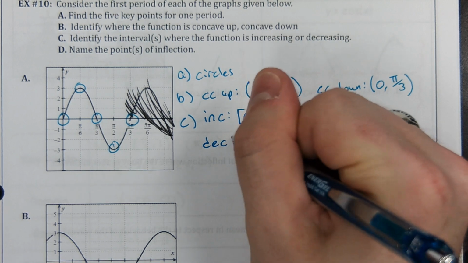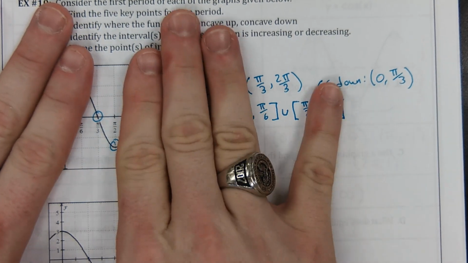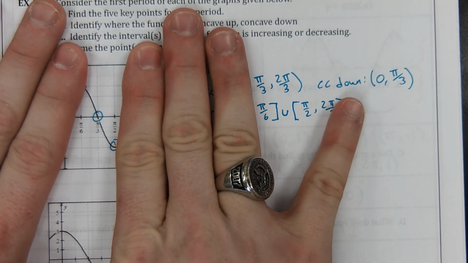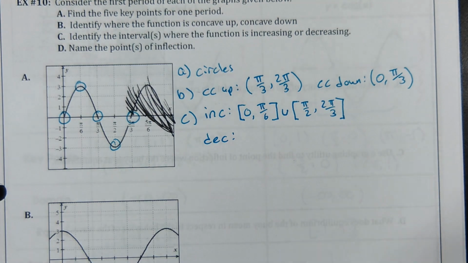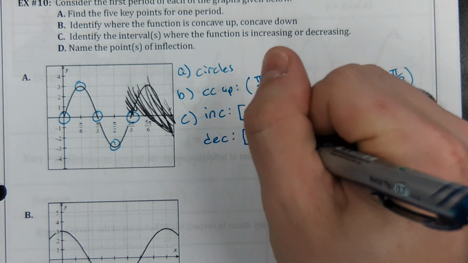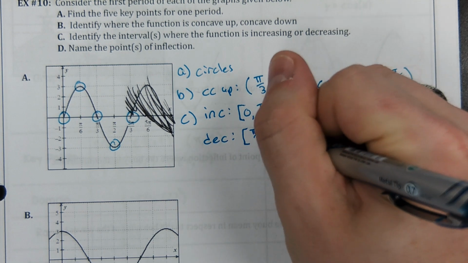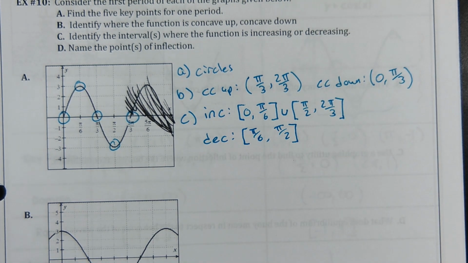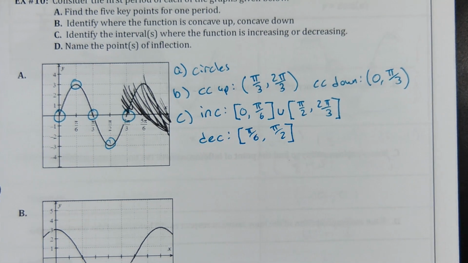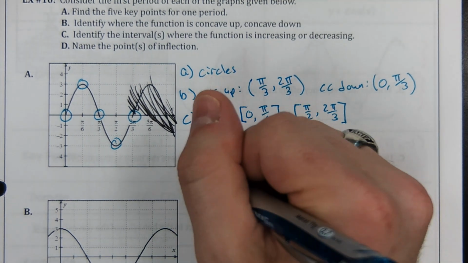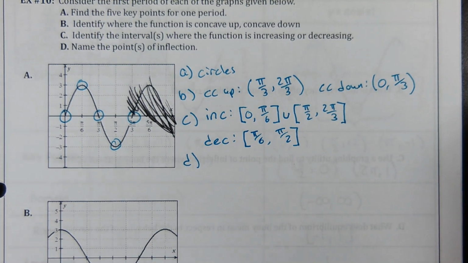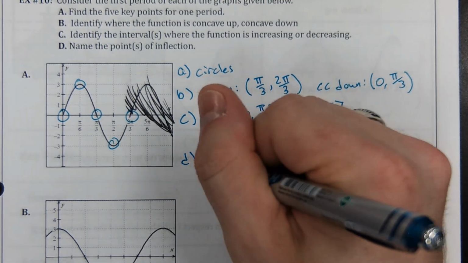Decreasing is the places where you're not increasing. Oh, there it is. So from pi over 6 to pi over 2. When it says name the points of inflection, I'm just going to say the midline hits.